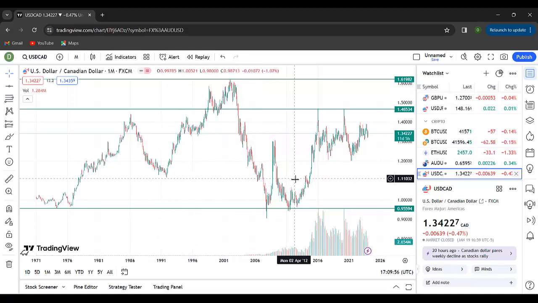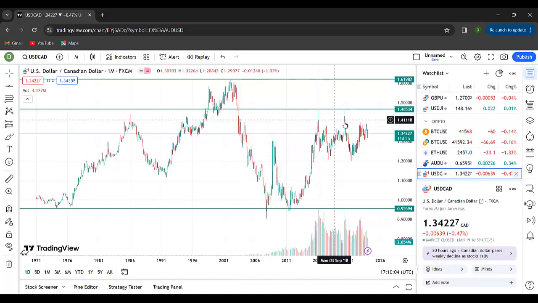And it looks like what is currently happening, or what happened around here, was retests, and there'll be continuity. So the downside, well, let's see how that goes.